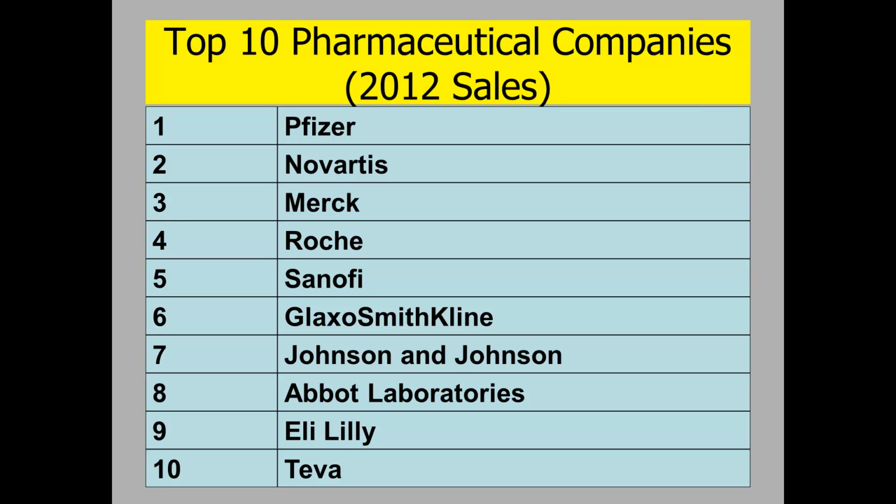So if you're looking at the top 10 pharmaceutical companies based on their 2012 sales, number 1 is Pfizer, number 2 is Novartis, 3 is Merck, 4 is Roche, 5 is Sanofi, 6 is GlaxoSmithKline, 7 is Johnson & Johnson, 8 is Abbott Laboratories, 9 is Eli Lilly, and 10 is Teva.